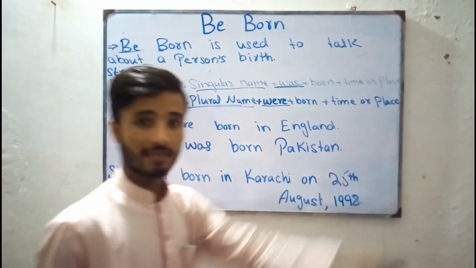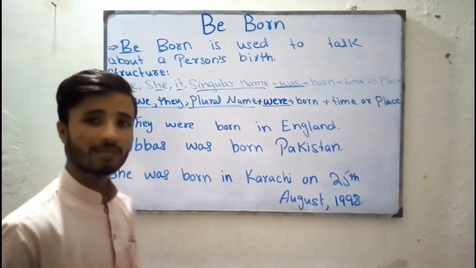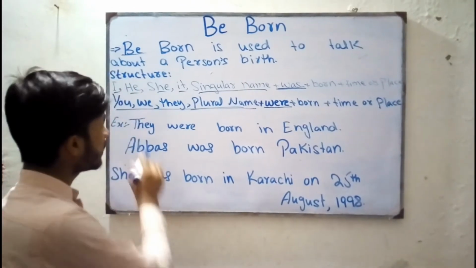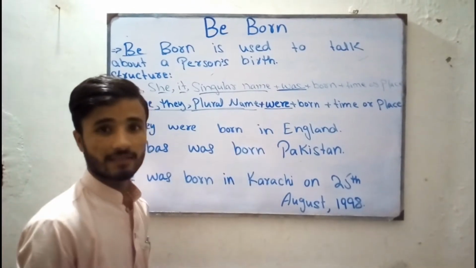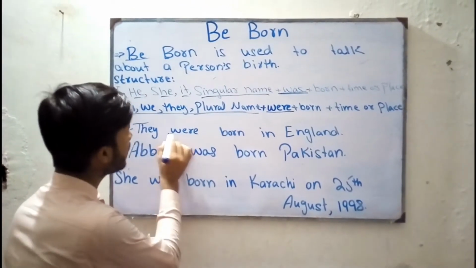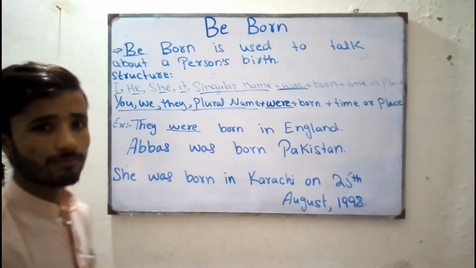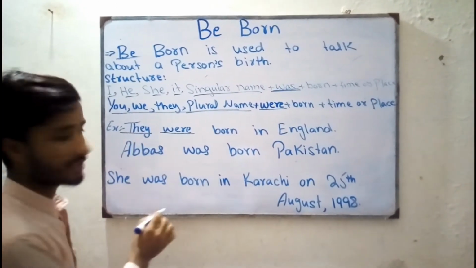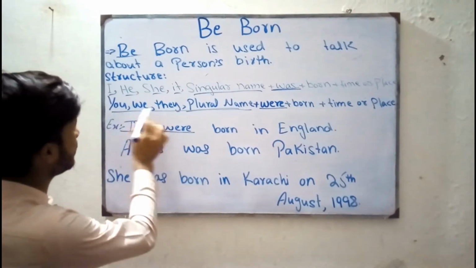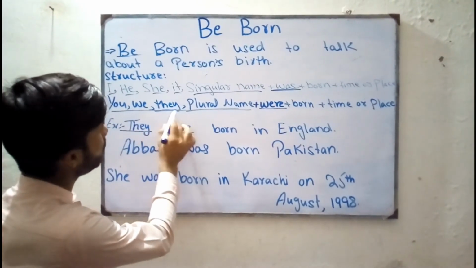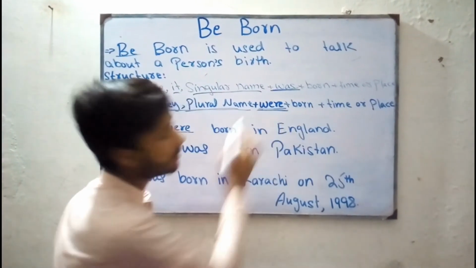Is this clear, guys? Now come to the examples. They were born in England. Why did I use were? Because here I have a plural subject, as you can see in the structure: you, we, they. With they we use were.